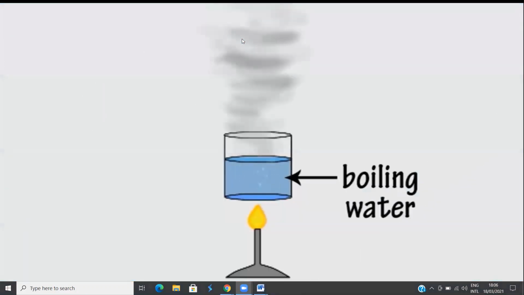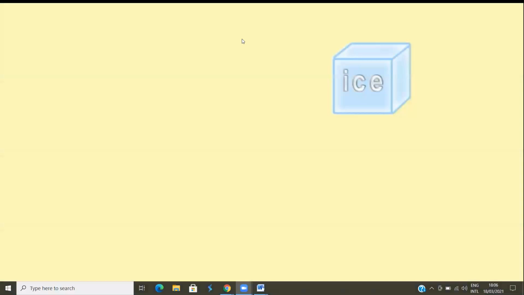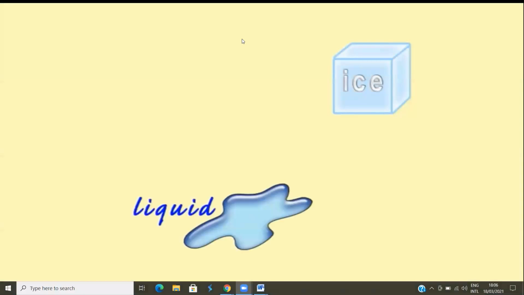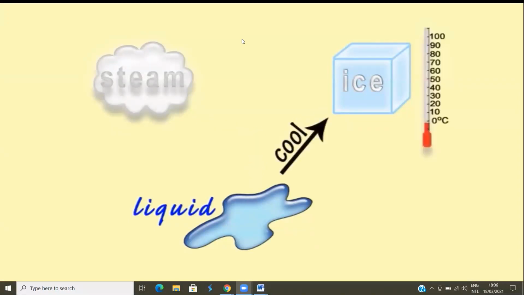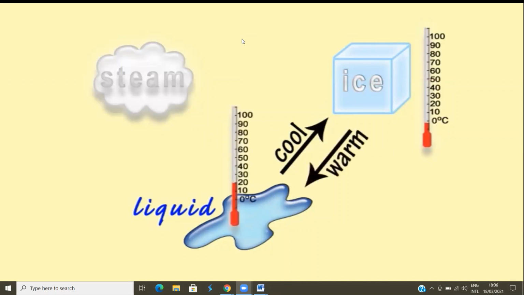What happens when you heat liquid water up until it boils? It turns into steam. Ice, liquid water, and steam are different forms of the material water. When water is cooled down below 0 degrees Celsius, it forms solid ice.